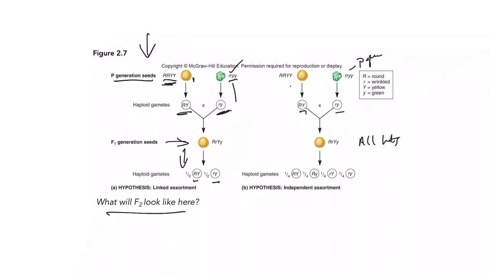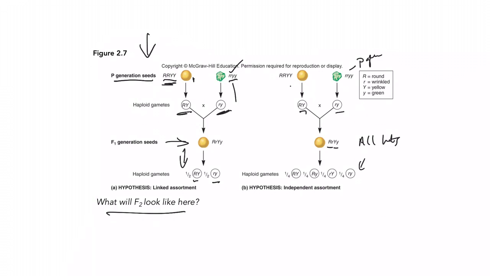This is typical from what we've seen before with our monohybrid crosses. Now, at this point, under this idea of independent assortment, there's two more possible combinations of these alleles, big R, big Y, and little y, that you can have in your gametes.